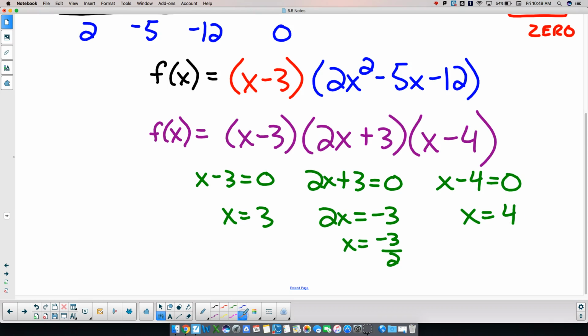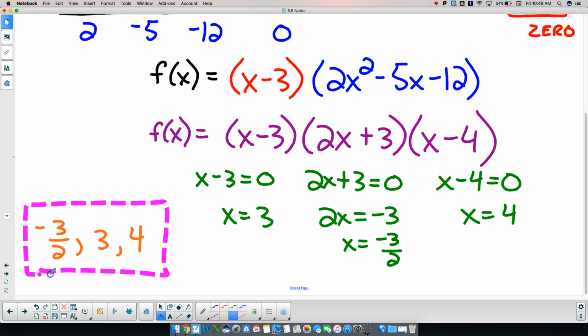So I get here that we have zeros at negative 3/2, positive 3, and positive 4. Okay?